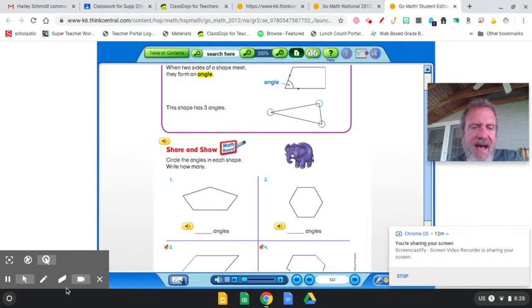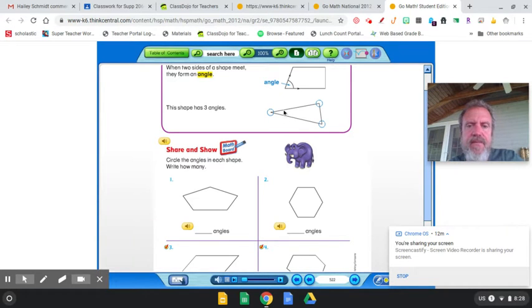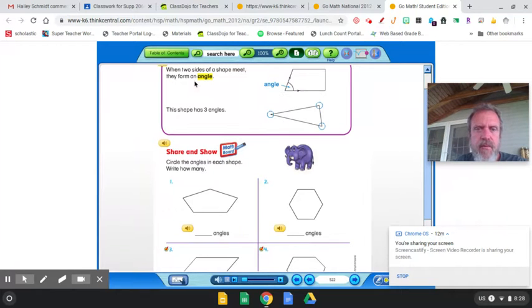When we talked about the outside part, we called it a vertex. When we talk about the inside part, the part that faces into the shape, we call that an angle. An angle is made when 2 sides come together, when 2 lines come together. So where 2 sides of a shape meet, they form an angle.